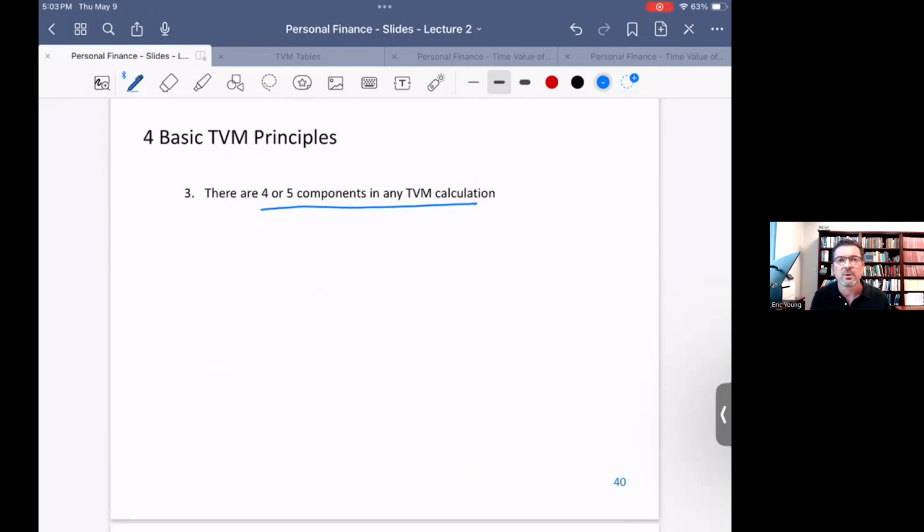All you want to do is ask yourself, what are my 5 variables? Let's identify it and let's solve. Okay, so what are the variables? What are the components? Well, number 1, you're going to have, as we discussed, your present value. Number 2, as we discussed, you're going to have your future value.